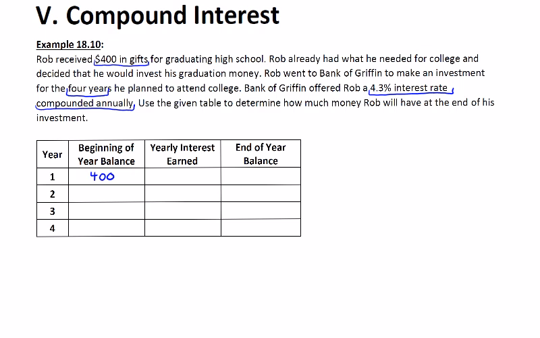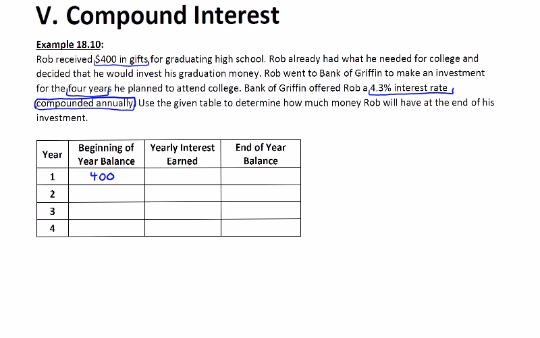And they said that they were going to compound his interest on an annual basis. That means they're going to give him that gift of interest once a year. And it's always done at the end of the first year, and it'll be done at the end of each year subsequently.